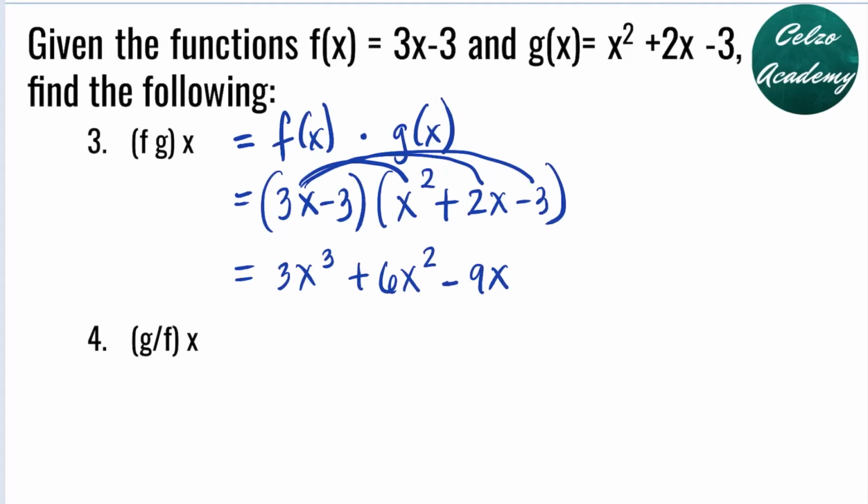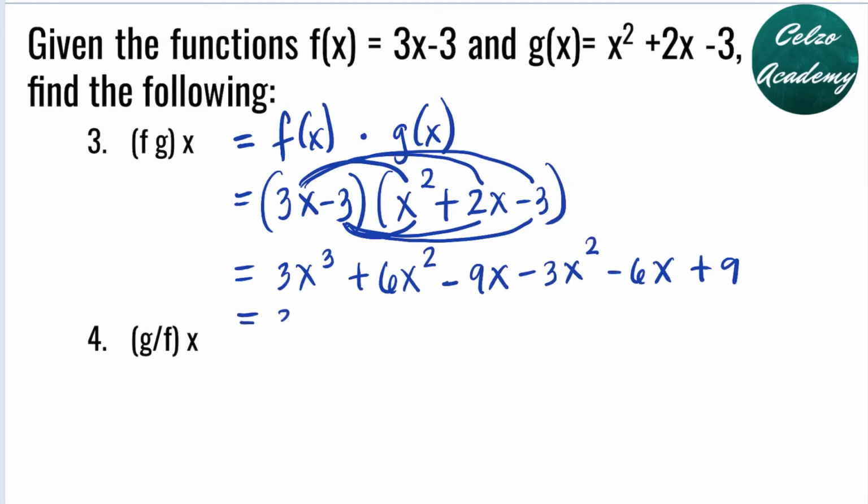Now we need to distribute the negative 3. Negative 3 times x squared is minus 3x squared. Negative 3 times 2x, that's negative 6x. Negative 3 times negative 3, that is positive 9. Now we need to simplify this further.